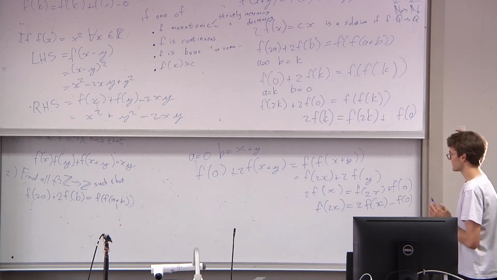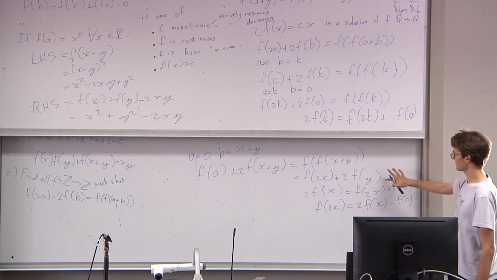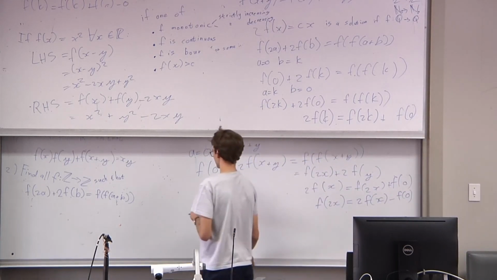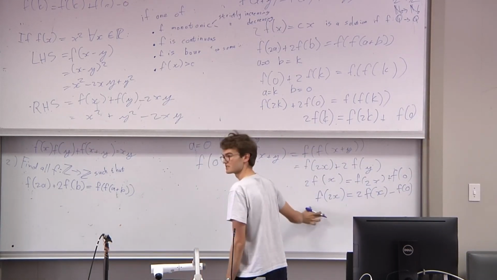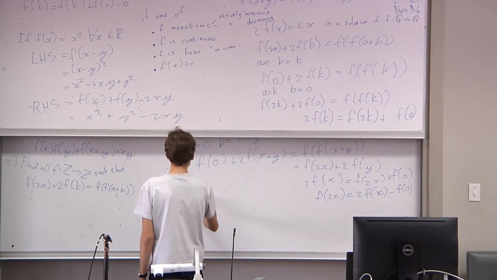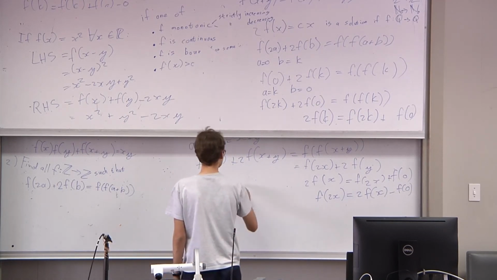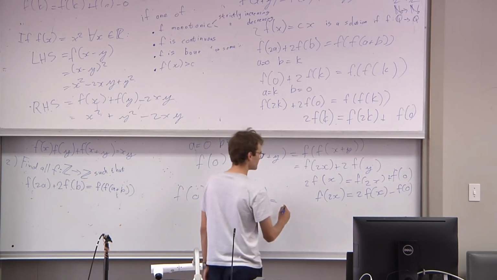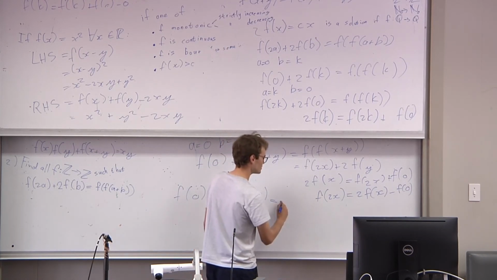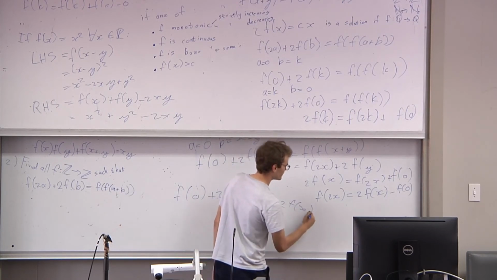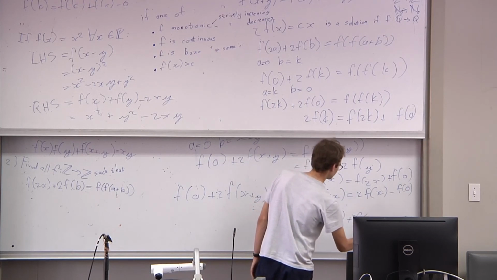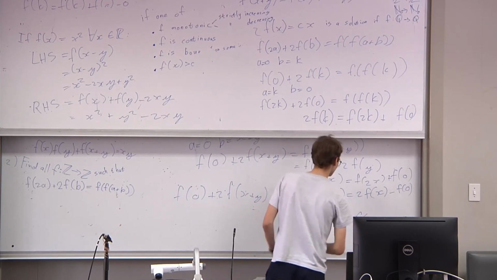And now we try plugging this into this and see what we get. So if you take these two statements together, you get f of 0 plus 2 f of x plus y is equal to 2 f of x minus f of 0 plus 2 f of y.